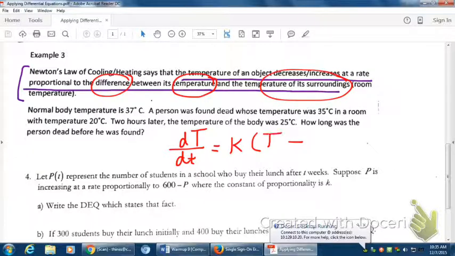So that would be the temperature and the room temperature. So that part right there, dT over dt equals k(T minus r). That's a pretty important equation that you just need to know. Okay?